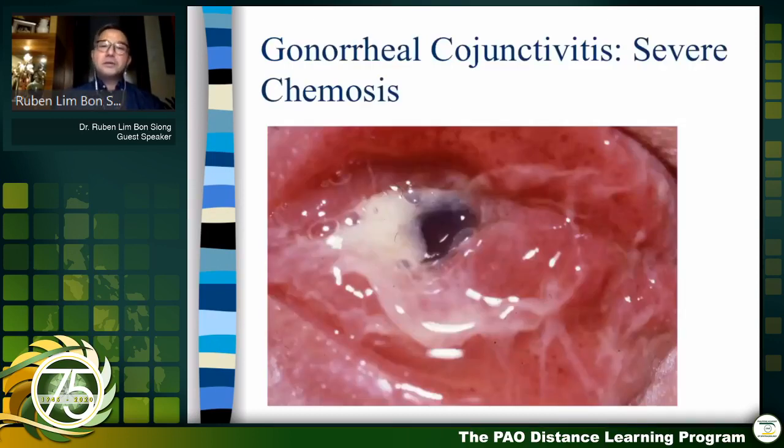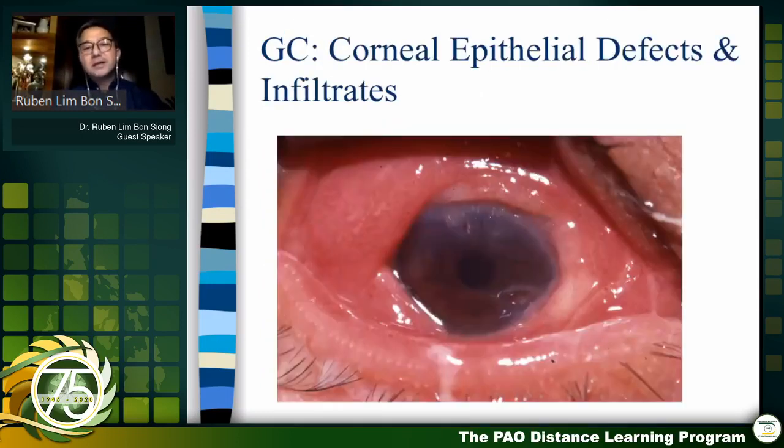Okay, so this is severe chemosis, very severe. The worst chemosis you can see is in gonococcal conjunctivitis. Here you start to have corneal epithelial defects and infiltrates, and you have haze now. There's already beginning corneal involvement.